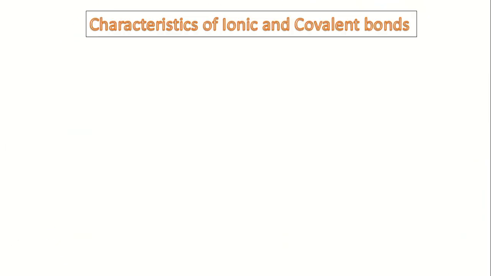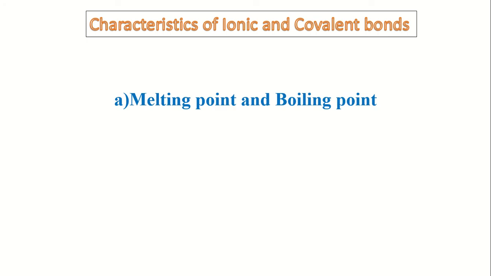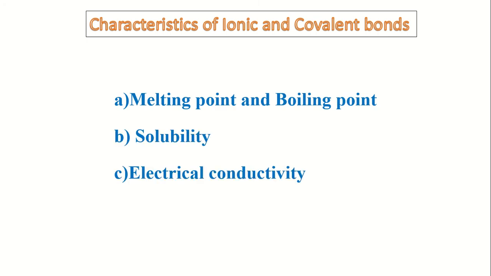Some of these properties are melting point and boiling point, solubility, and electrical conductivity. These properties can make sure that the compound is ionic or covalent. Ionic compounds have some properties and covalent compounds have also.